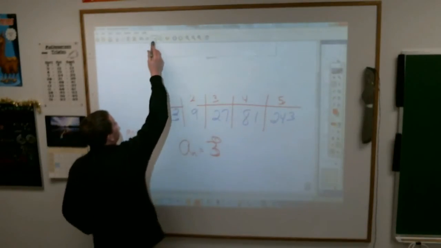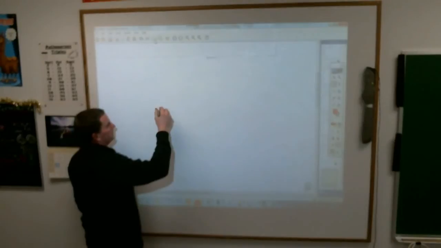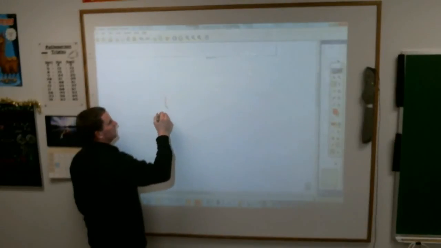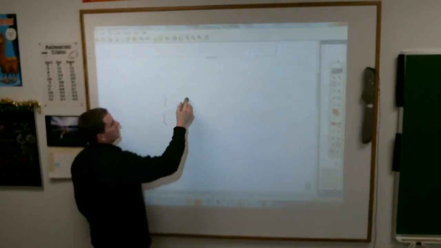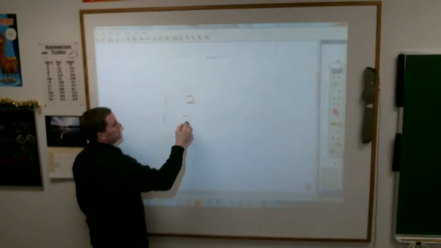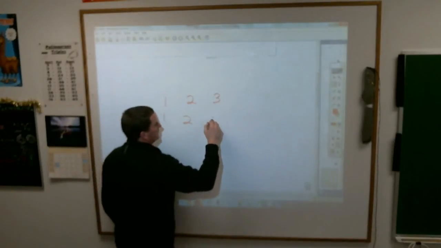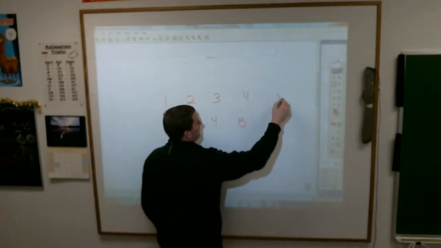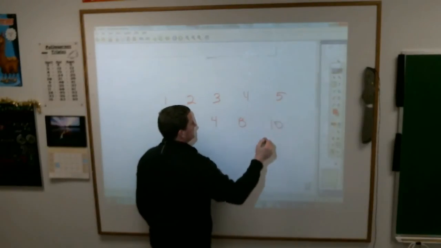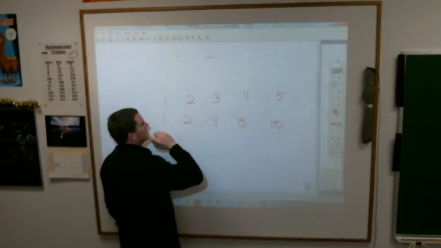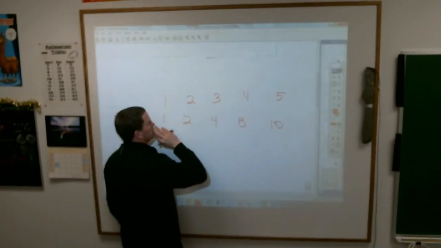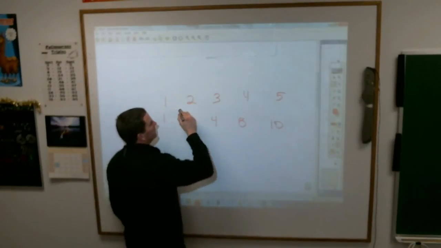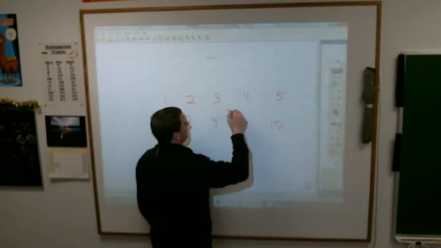Check this one out. Let's do the same thing. 1 is 1, 2 is 2, 3 is 4, 4 is 8, 5 is 10. Is that right? Sure. Let's call that good.